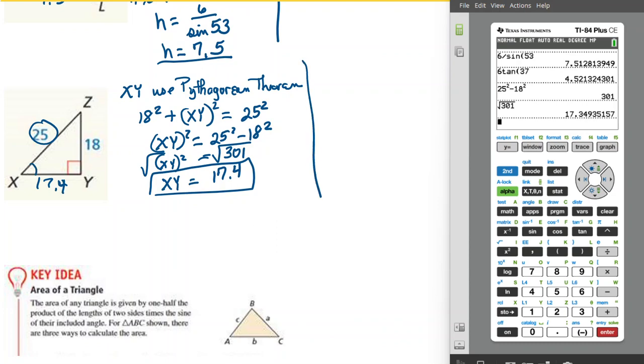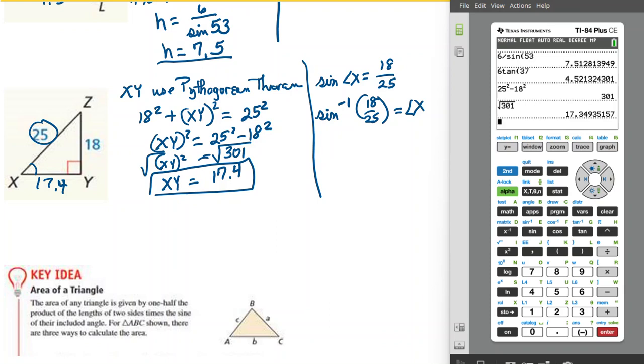So if I wanted this angle right here, x, I have opposite over hypotenuse. So that's sine. Sine of angle x equals 18 over 25. So now I'm going to do sine inverse of 18 over 25 to get the measure of angle x.